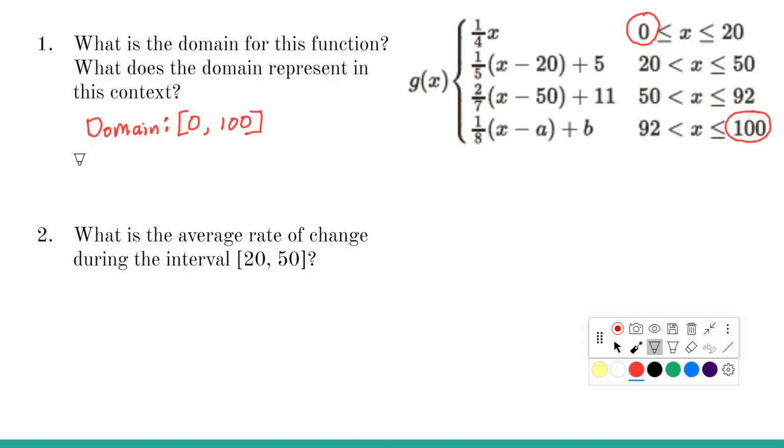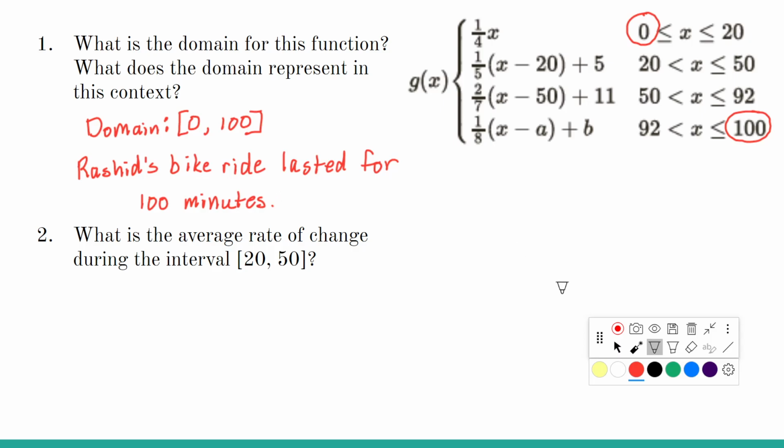What it represents is Rashid's bike ride lasted for 100 minutes. Because we started at time 0, we ended at time 100, and again our domain was in minutes.